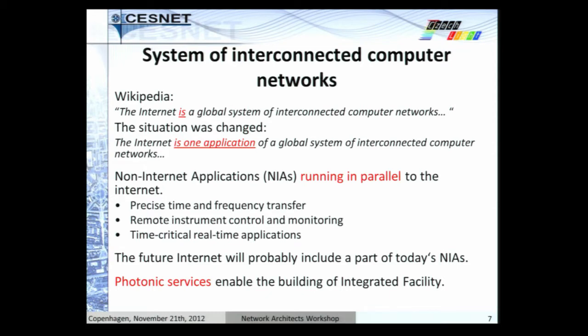Now it seems that this isn't true anymore, because the internet is one application of that system, and there can be many other services. For example, here again there is time transfer, frequency transfer, or what I mentioned before. These services are probably part of the future internet, and photonic services enable building an integrated facility.